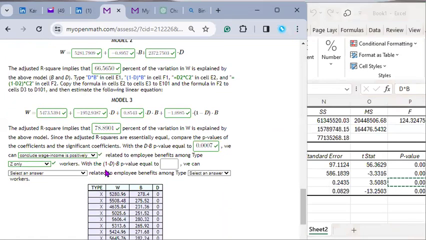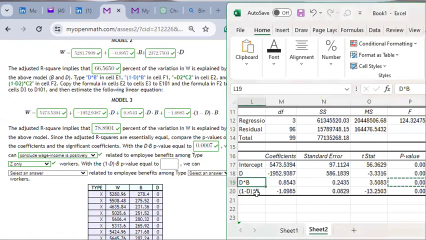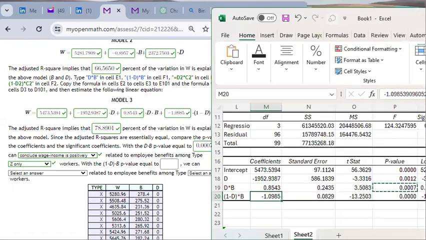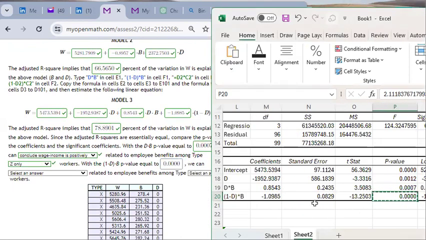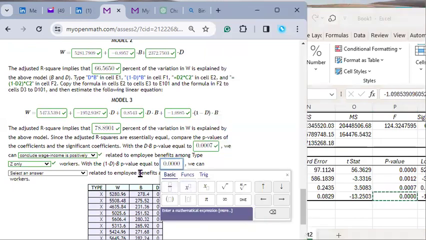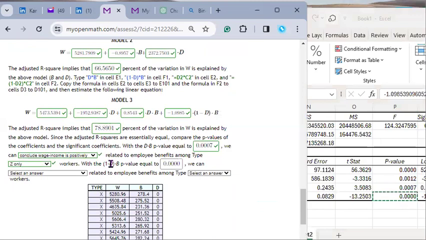Right? Okay, what about this coefficient here? This coefficient is negative, and its p-value is 0.000, right? So this coefficient is highly significant, and it's negative, right? When D is 0, we're talking about the low productivity workers, the type X and the type Y workers, right?